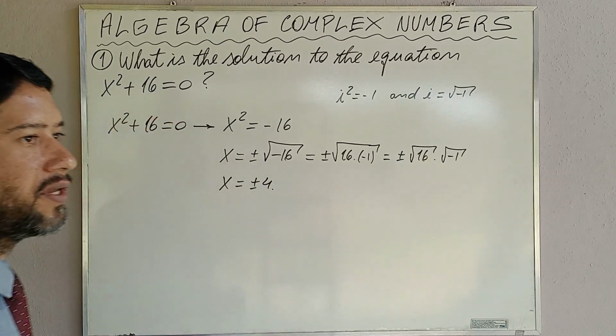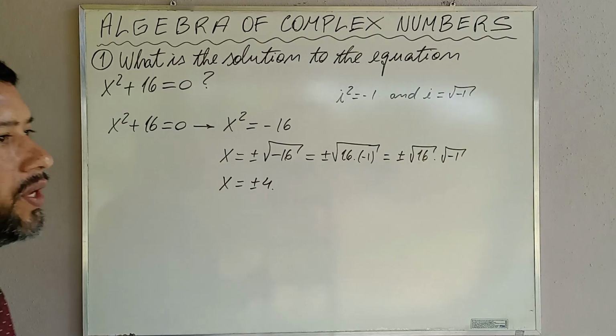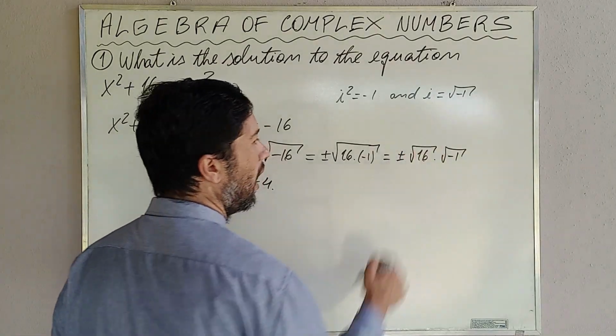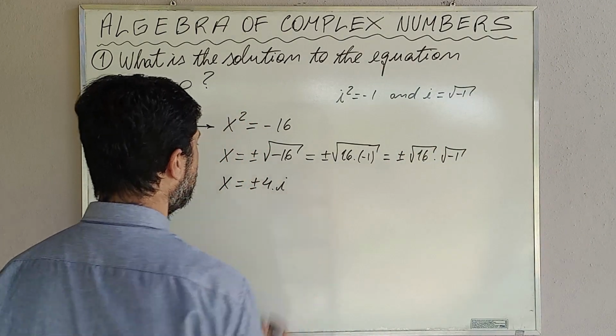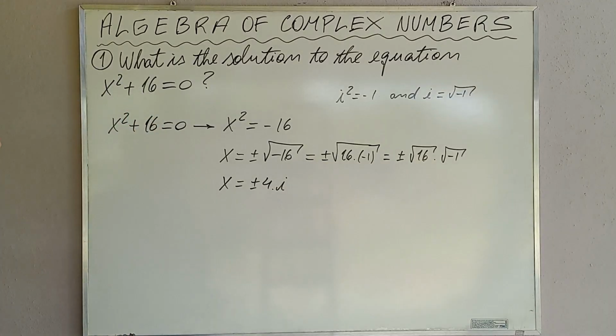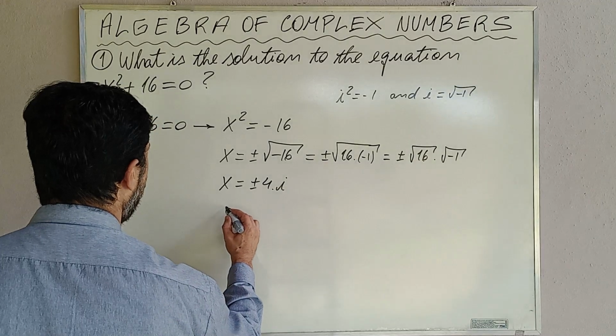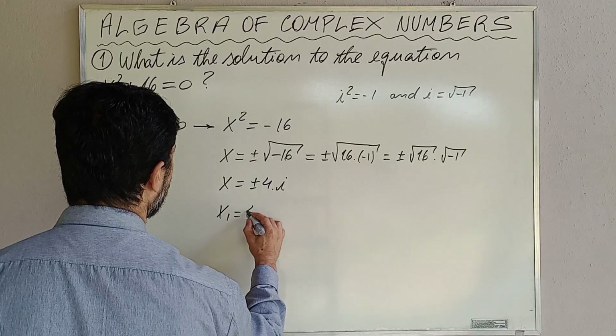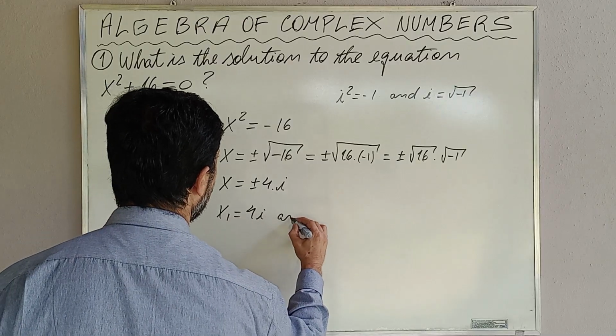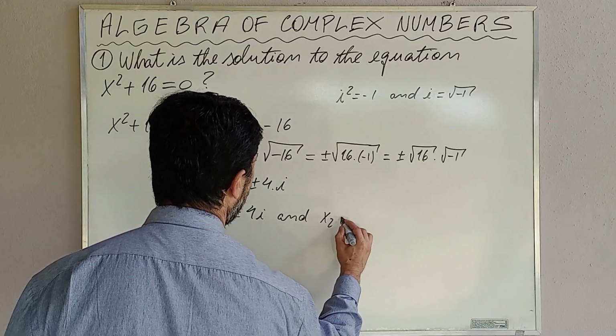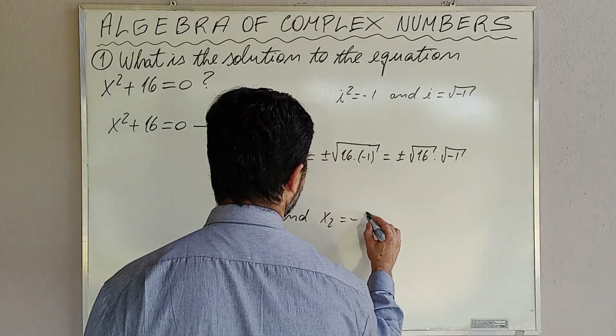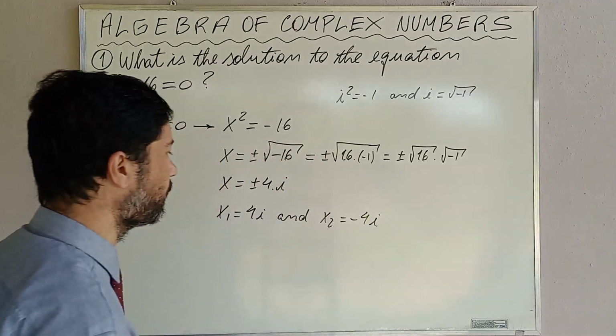And how about the square root of negative 1? We defined it as i. In this way, the solutions to this equation are x1 equal to 4i and x2 equal to negative 4i.